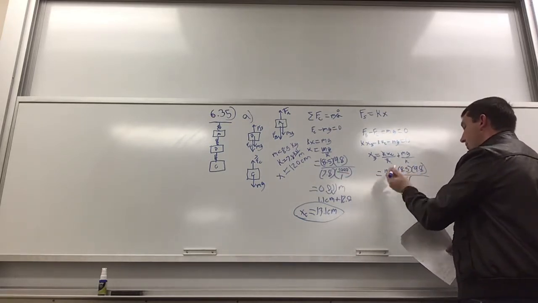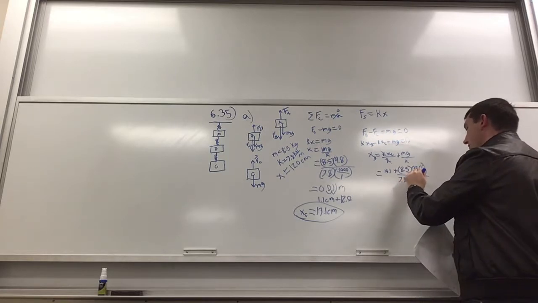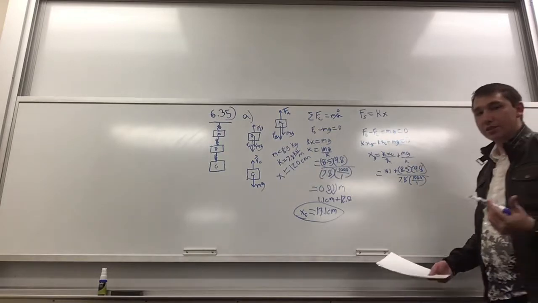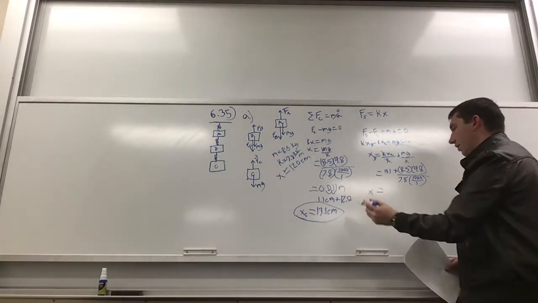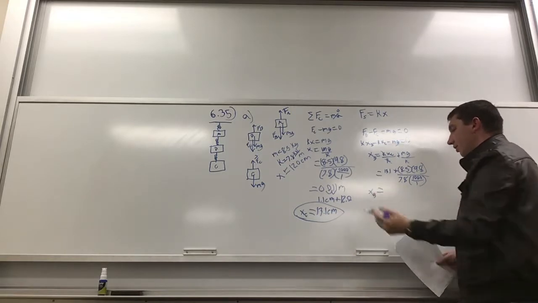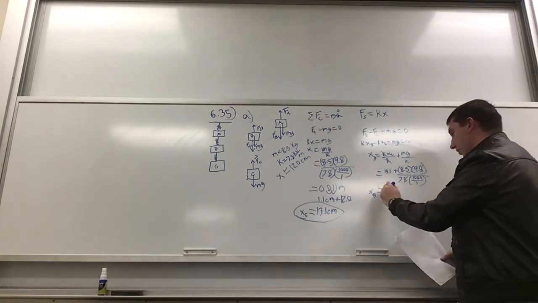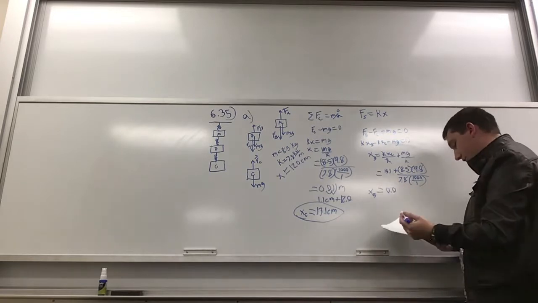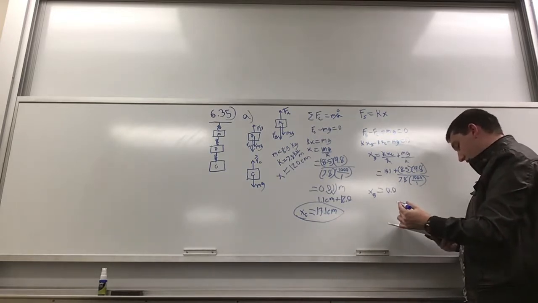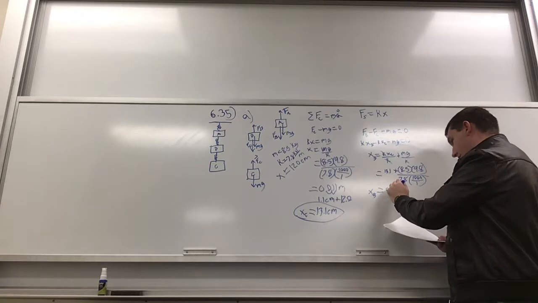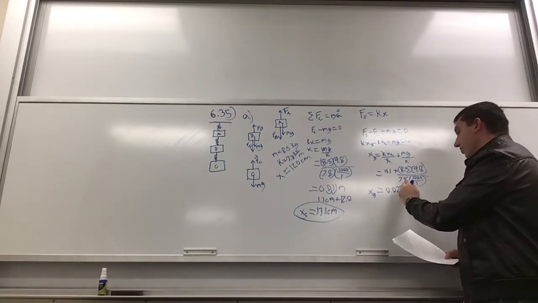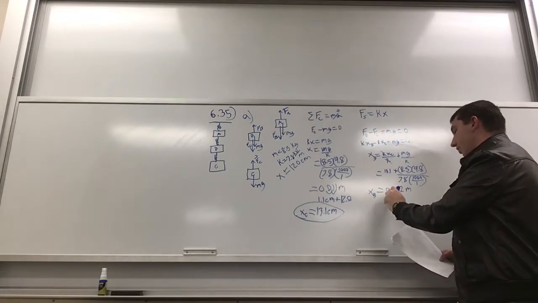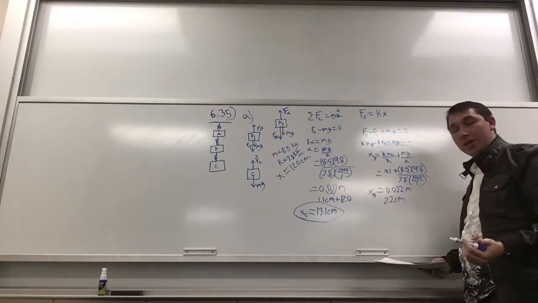And we once again have to do that conversion, 1,000 divided by 1, so that it's not in kilonewtons. And when you do the math, you get that the spring was stretched 0.022 meters or 2.2 centimeters beyond rest.